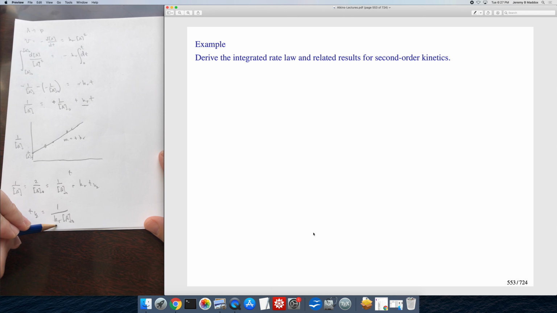So the larger the rate constant, the shorter the half-life time, the faster the reaction. This time, it does depend upon the initial concentration, but you see that it's inversely proportional to the initial concentration. So the larger the reactant's initial concentration, the longer the half-life time. So that's different for second order kinetics compared to first order and zeroth order kinetics. It's in the denominator now.